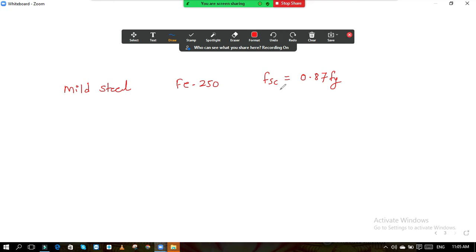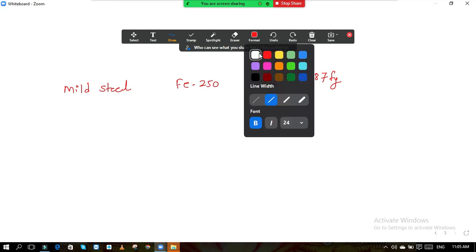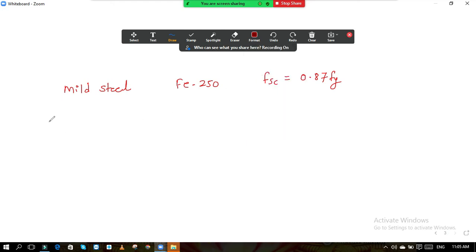When does this fsc value come? When Fe250 steel is there. Okay, Fe250 steel is there. This is for mild steel. And when the torr steel is there, when I say torr steel, then two categories are there. Fe415 first thing, and second is Fe500.